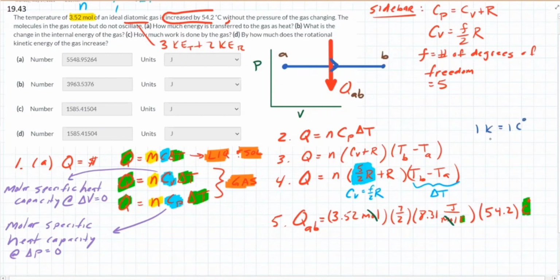It's the same step size. The magnitude of the degrees themselves, it's like a ladder. The step size are the same, but 1 Kelvin does not equal 1 Celsius degree. So that's why I do end up with joules. My dimensional analysis looks good. Let's get a number. 3.52 times 3.5.